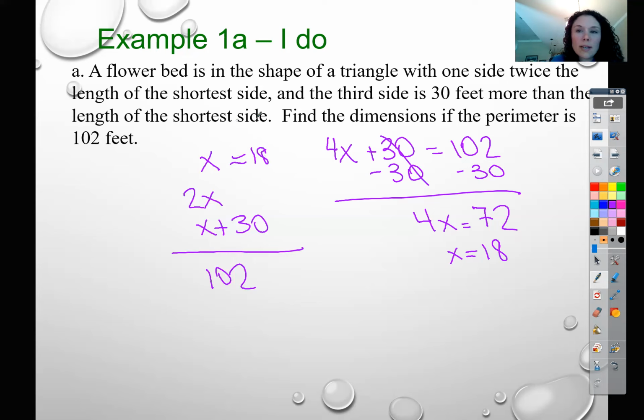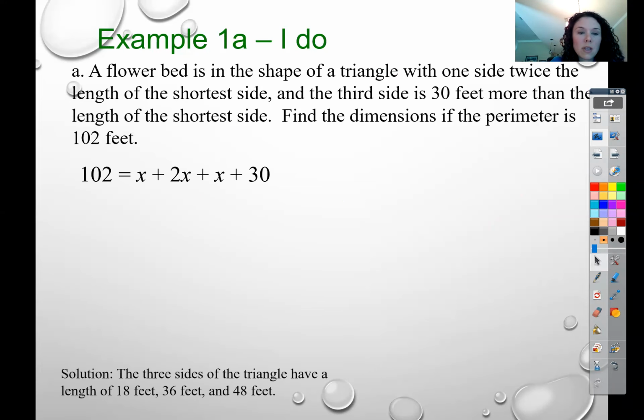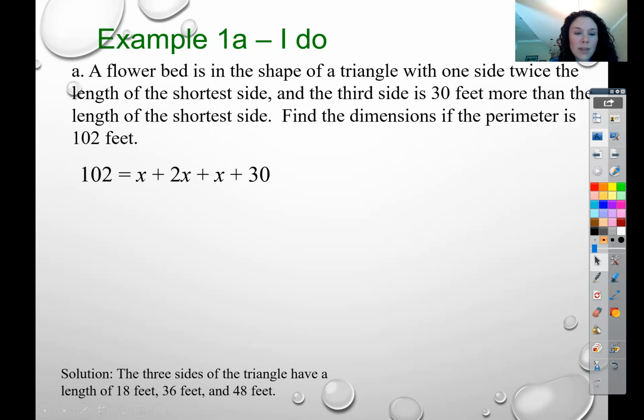One side is twice that, so 18 times 2 is 36. And then 18 plus 30 is 48. So the dimensions are 18, 36, and 48. This says the three sides of the triangle have lengths of 18, 36, and 48 feet.